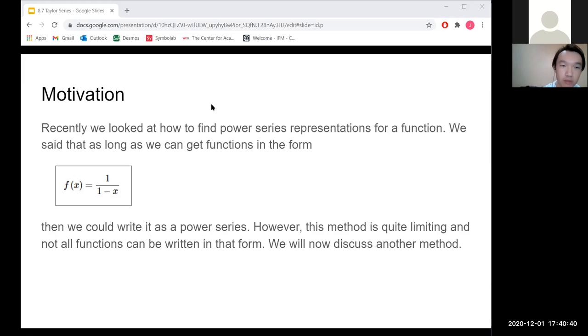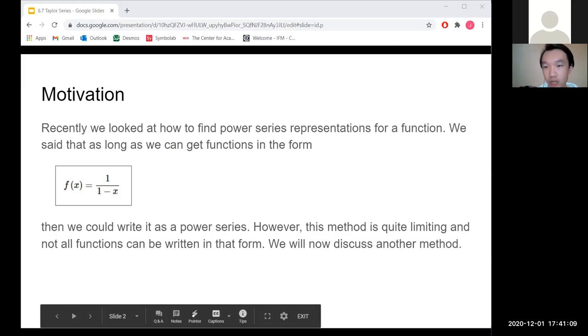That was what we learned to do before. Now, that's fine and all, but that method is very, very specific. In other words, it has very limited uses, because there's a lot of functions and a lot of them can't be written in that form. So it's only when you're able to write it in that form that we're able to write it as a power series.